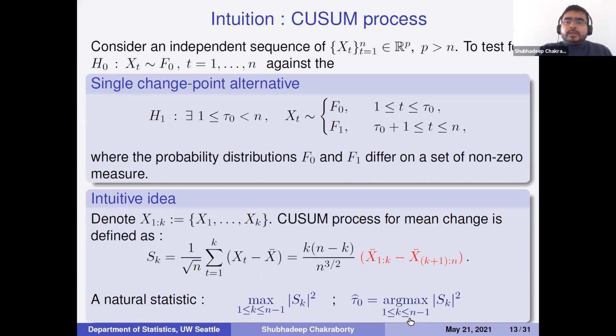Whichever k maximizes the squared norm of S_k, we can call it a candidate change point location, which of course needs to be tested against a certain threshold to declare it to be a significant change point location. But that's roughly the intuitive idea.